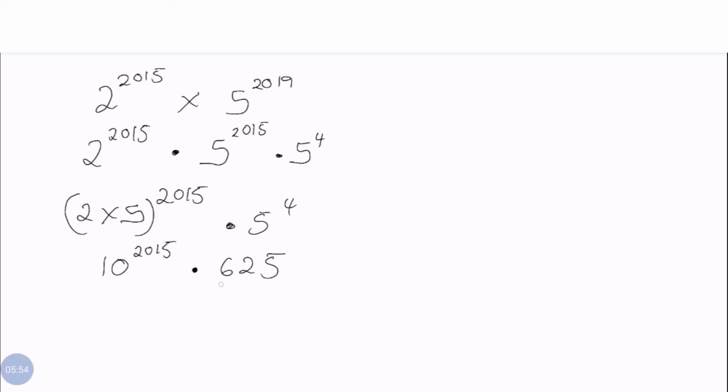If you would punch this whole thing on your calculator, you would just get an error, so you cannot calculate it with your calculator. So now when we have something like this, it makes it easier for us, because we know that we will have a 625 and any number multiplied by 10 to the power 2015, it means the 10 will have 2015 zeros.